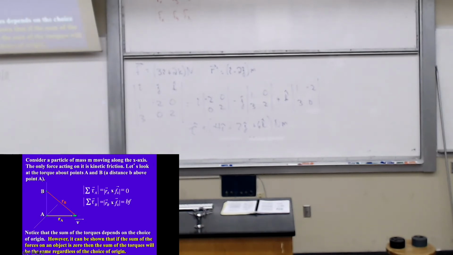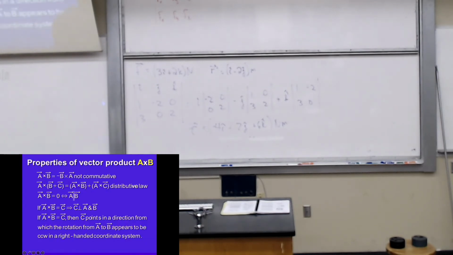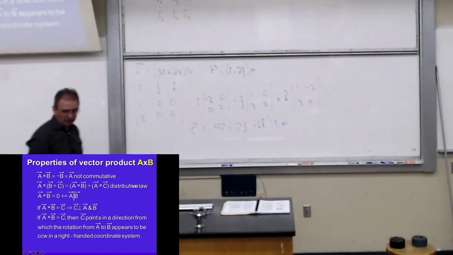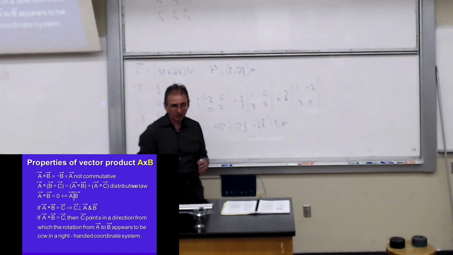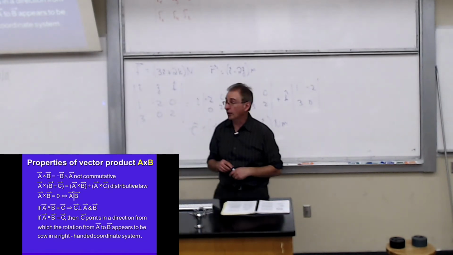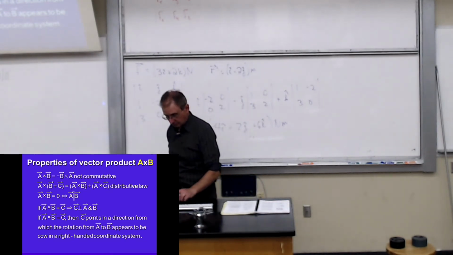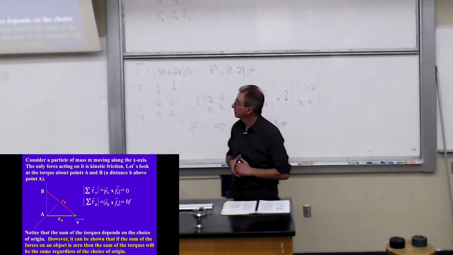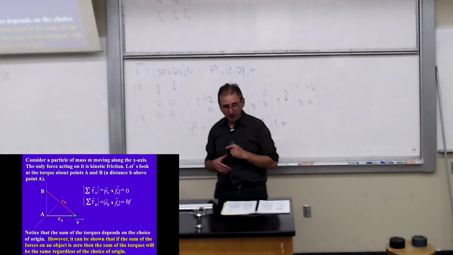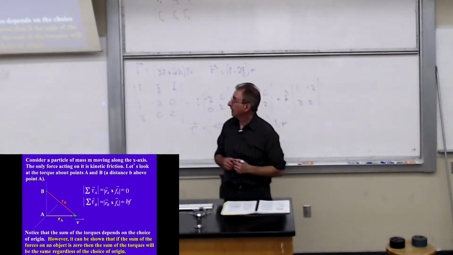The next question I have has to do with how we calculate torque. You can calculate the torque about any reference point. I want to calculate the torque in this particular problem.